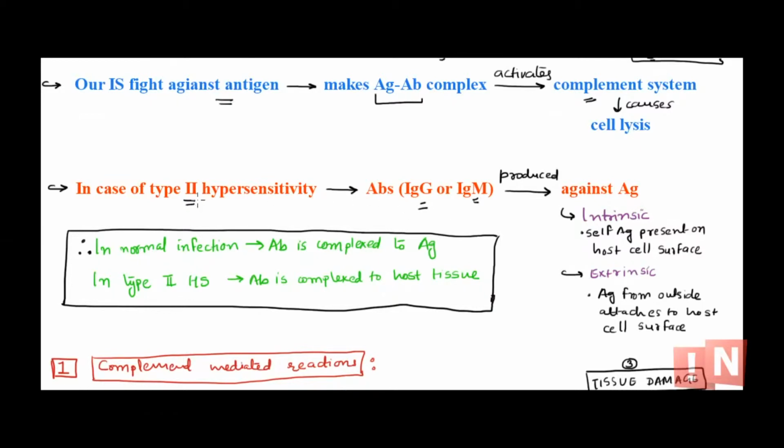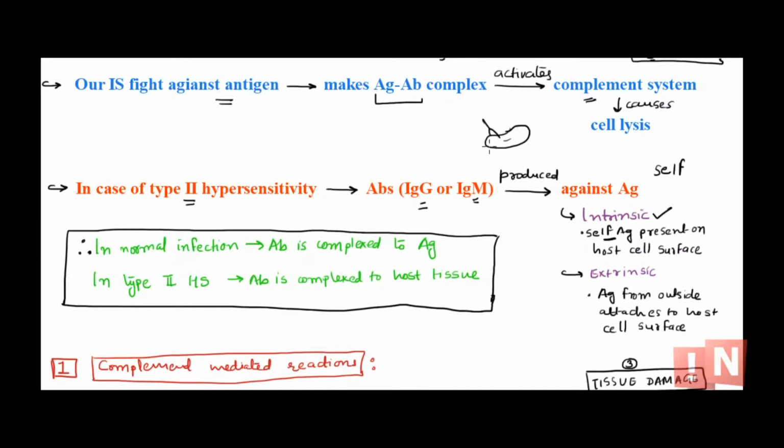So these antibodies are against self antigen, which is part of your own body, which is actually not harmful. So it is against the intrinsic antigen, the self antigen that is present on your own cell. For example, on RBC, the molecules on RBC can get recognized as an antigen.